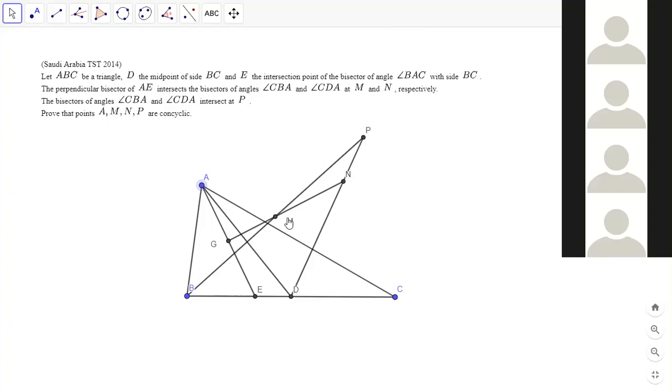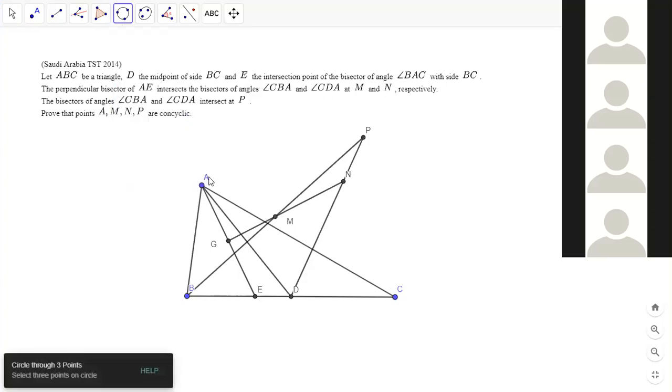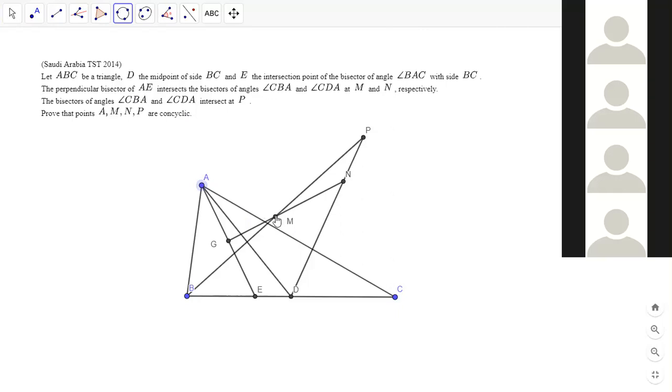So, an interesting configuration. Is there any other special point that the circle goes through? Not that I see.